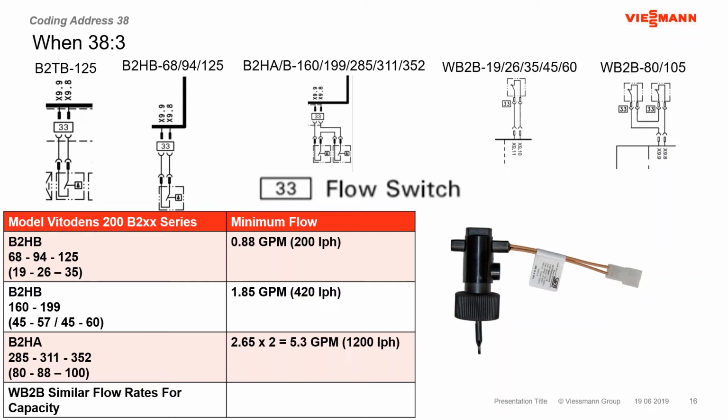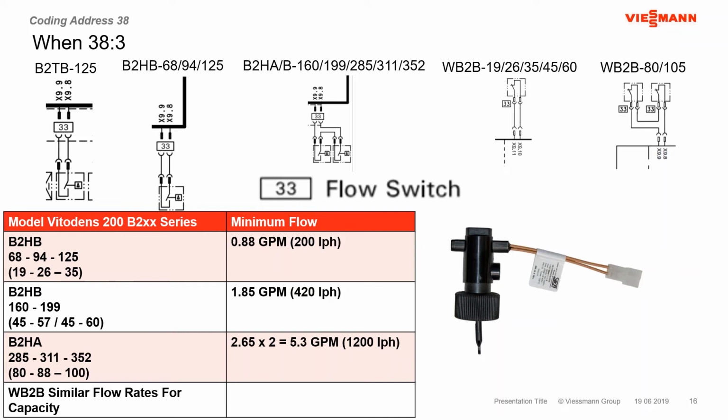Some of the larger boilers, you'll notice up here in the middle area, as well as over on the far right, there are two flow switches instead of just one. Some of the boilers, the 285, 311, 352, and the B2HA, as well as the WB2B 80 and 100, or 105, sorry, those particular units had two flow switches put in series.